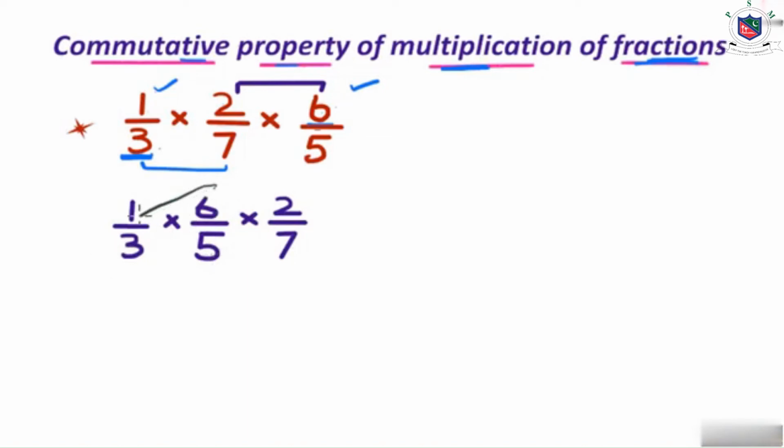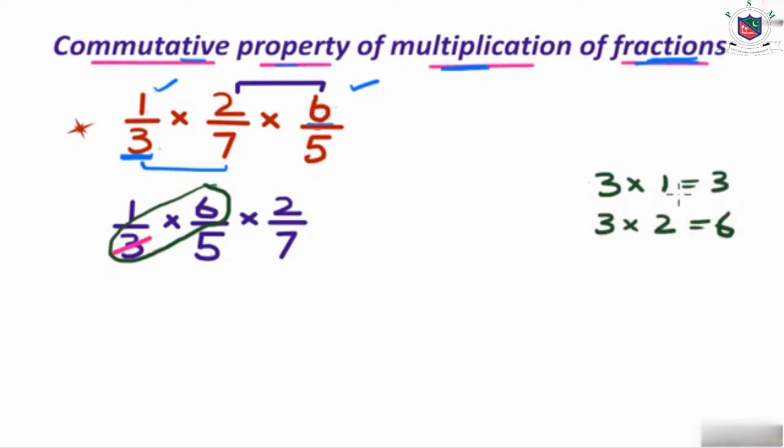As you can see, in the cross cancellation method, 3 and 6 can both be divided by 3, because in the table of 3, 3 times 1 is 3 and 3 times 2 is 6.